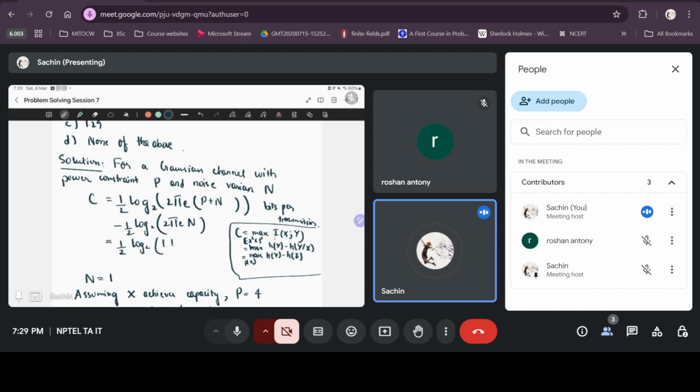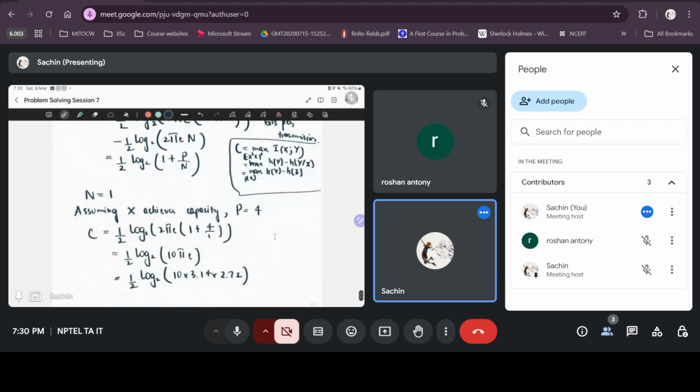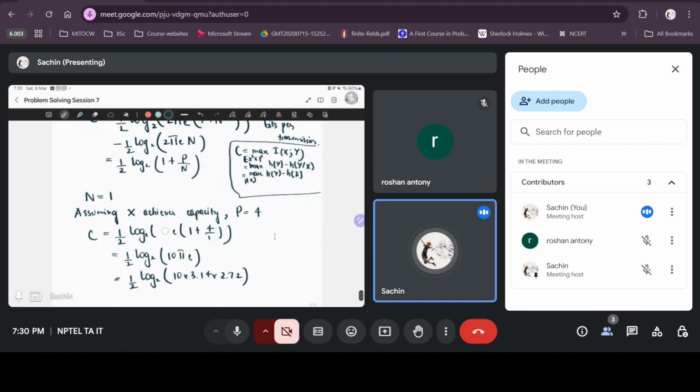You're left with half log of 1 plus P over N. So now we don't have the 2 pi e here. You're left with 1 plus 4 over 1, which is 5. And what is log 5 base 2?